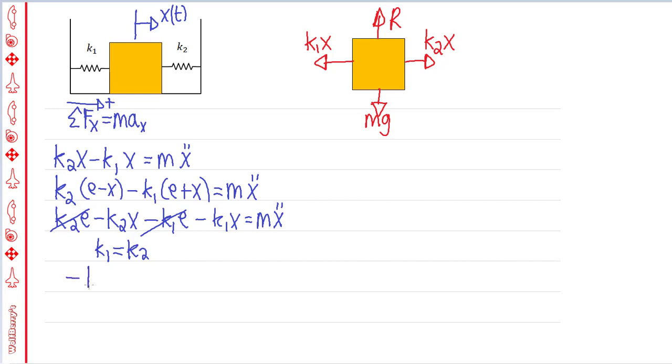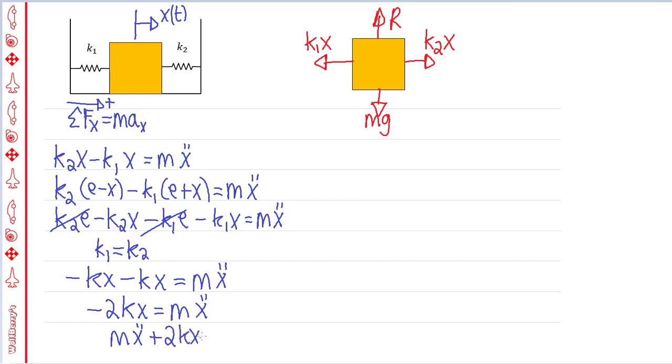And we'll be left with minus kx, equals mx double dot. Combine the two on the left, minus 2kx equals mx double dot. And in the end, we can say mx double dot plus 2kx equals 0.